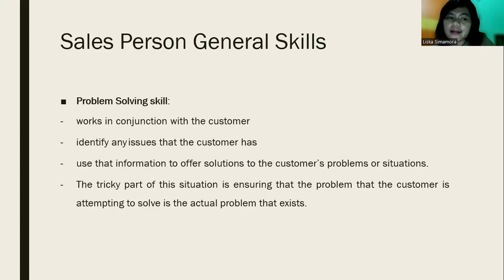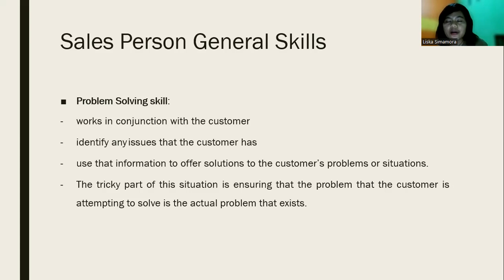The next skill is problem solving skill. So it is so important. This problem solving skills. Okay. So it works in conjunction with the customer.